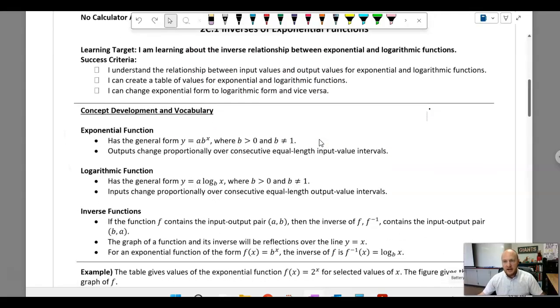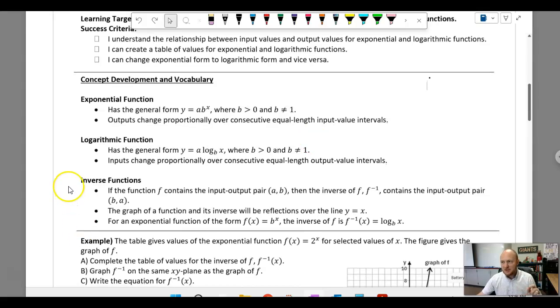So, I want to go ahead and remind you that an exponential function has the form y equals a times b to the power of x, where b must be greater than 0 and not equal to 1. Remember that a here is your initial value where you're starting, and your b value is going to be your base. Outputs will change proportionally, meaning they're multiplying, right? They're going to grow.